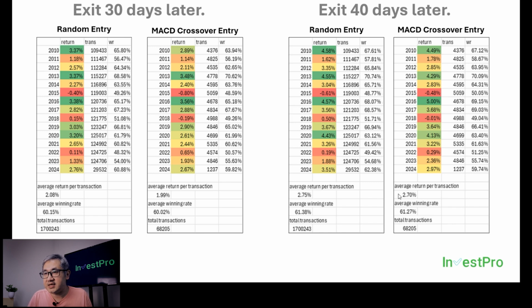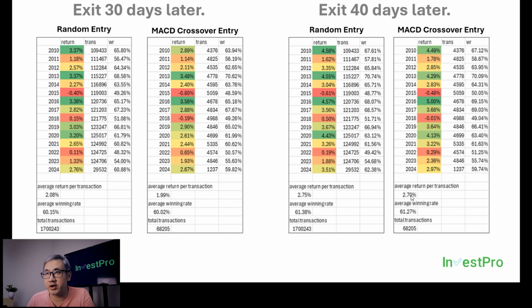Well, from this table, can you conclude that there is not much difference whether your entry uses a random or just the MACD crossover? Well, we know that for the exits, it does not make much difference.